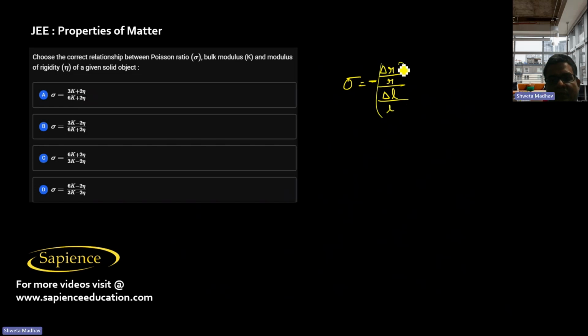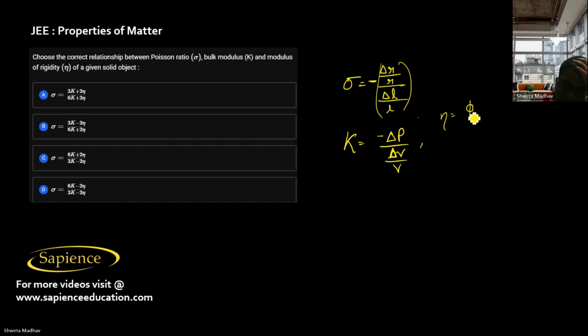Bulk modulus is given as minus delta V by V, and modulus of rigidity is the shear modulus, that is equal to phi, that is equal to x by L.